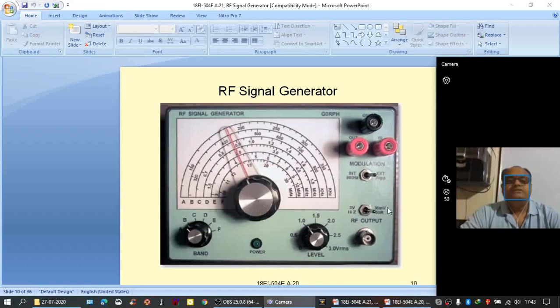Suppose the switch is in 30 millivolts range, here the maximum is 30 millivolts. Accordingly, we have to note down the values as 0 millivolts, 5 millivolts, 10 millivolts, 15 millivolts, 20 millivolts, 25 millivolts, and 30 millivolts.